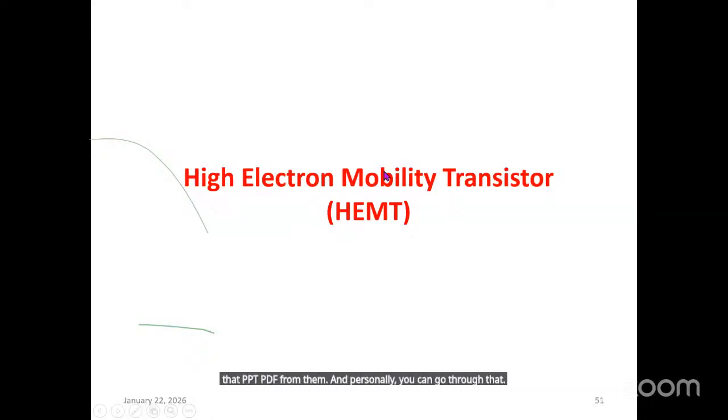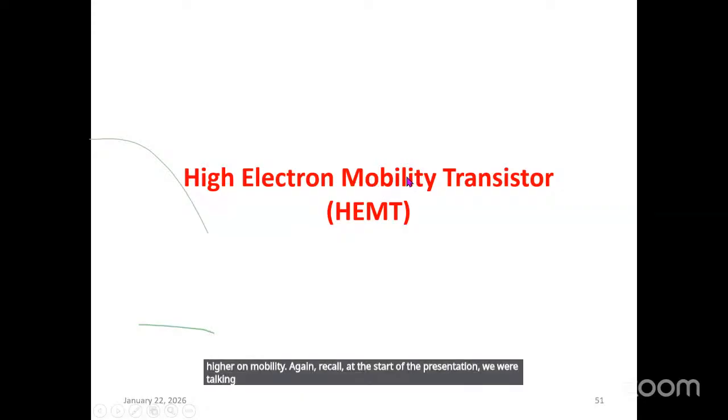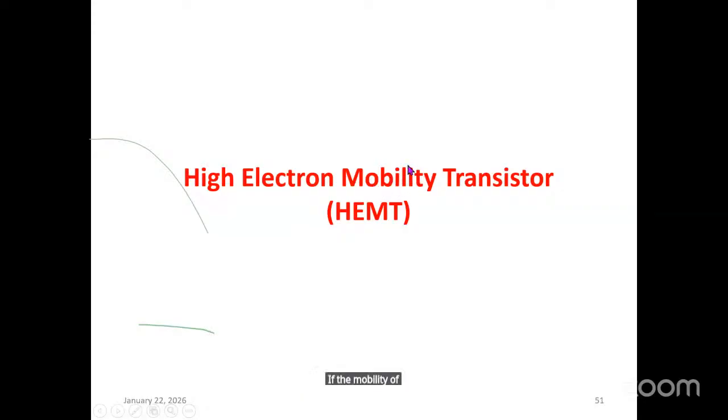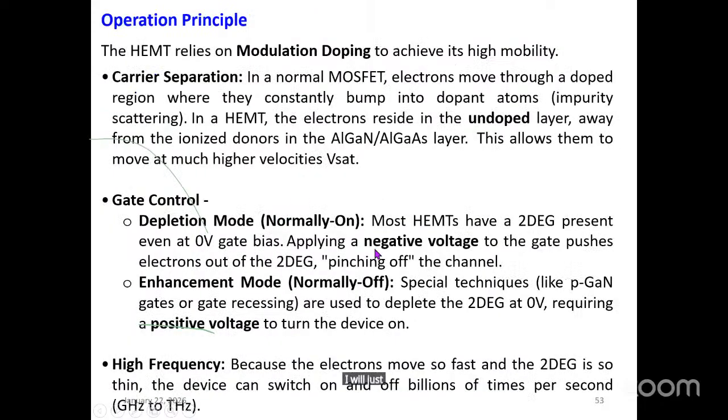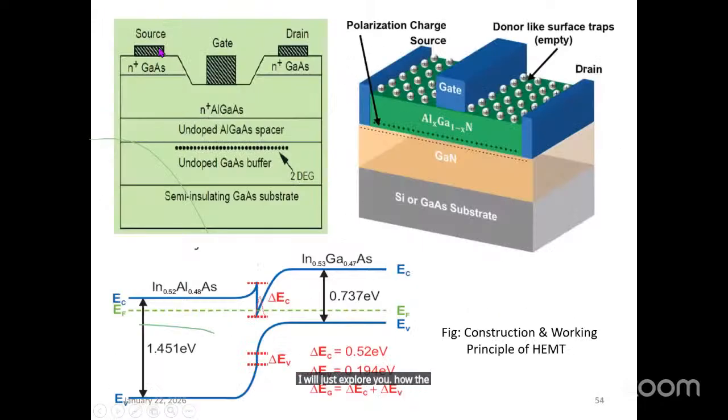High electron mobility. Again, recall that at the start of the presentation, we were talking about mobility. If the mobility of the particle is made more, the device can be made faster. This device is about mobility only. Since time is less, I will not read out the chemical composition. I will just show you how the device is switched on and off. This is source, drain, and gate.